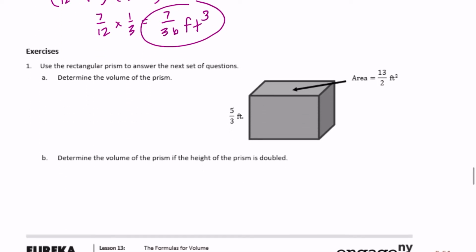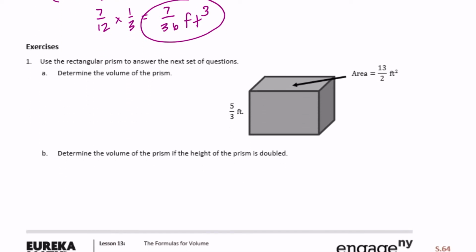Exercises. Number 1, use the rectangular prism to answer the next set of questions. Determine the volume of the prism. Okay, so we know the area of the base is 13/2 feet squared, and the height is 5/3. So we can multiply the area of the base.